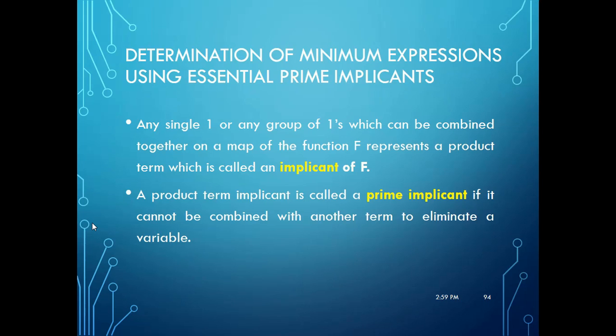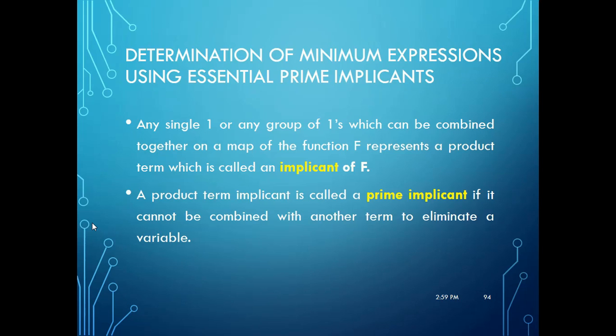You have to look into the K map and see which group you have or any single one you have which can be combined together in the map. That term we call the implicant of f. So that is the definition.